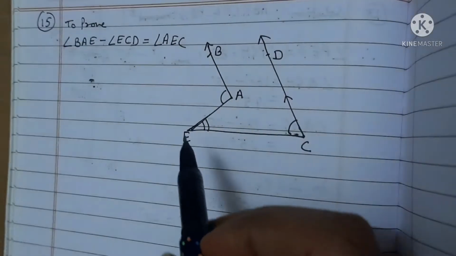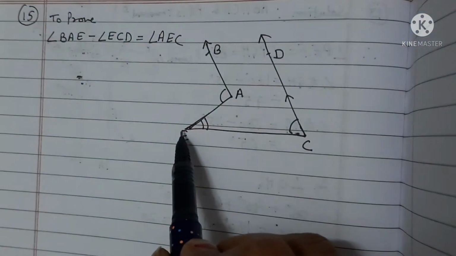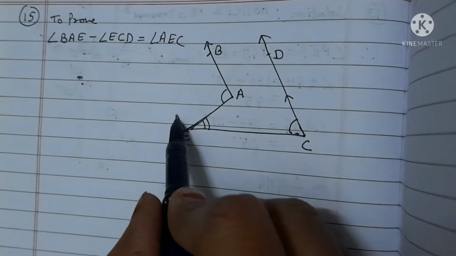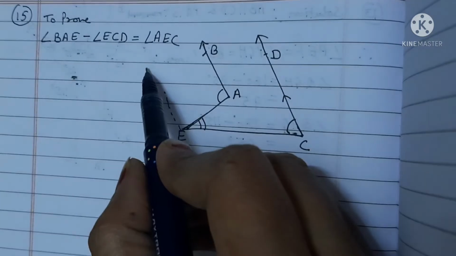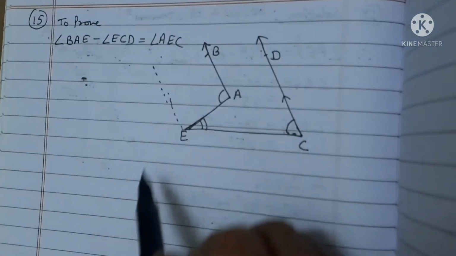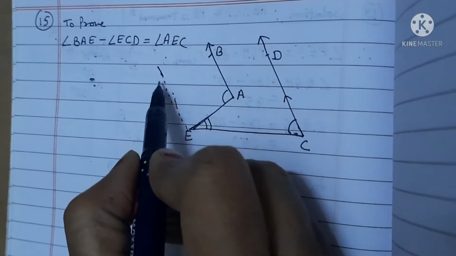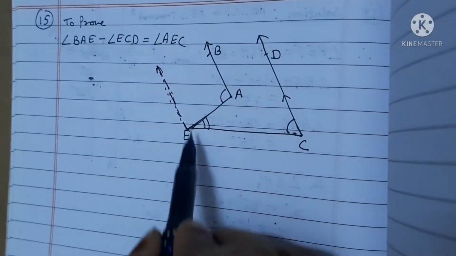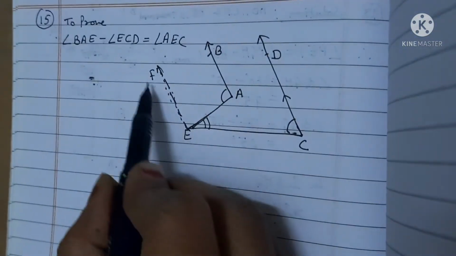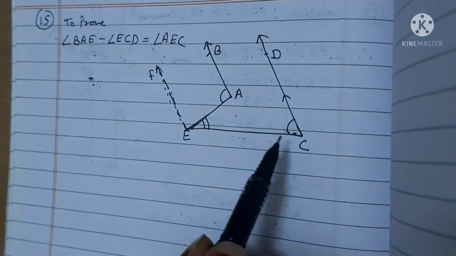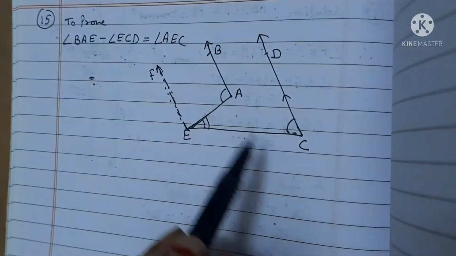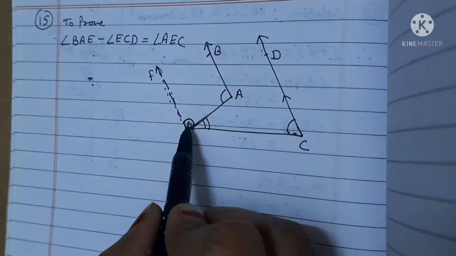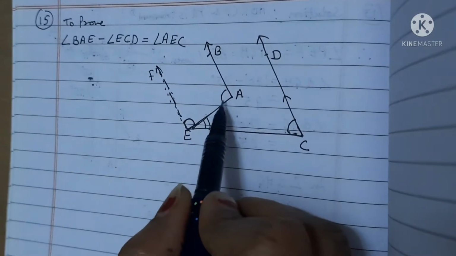For the solution of this question you have to construct a line parallel to AB. Draw like this. Now give it the name F. FE is parallel to AB, which is parallel to CD, because AB is parallel to CD is given. So the sum of these two angles will be 180 degrees, co-interior angles.